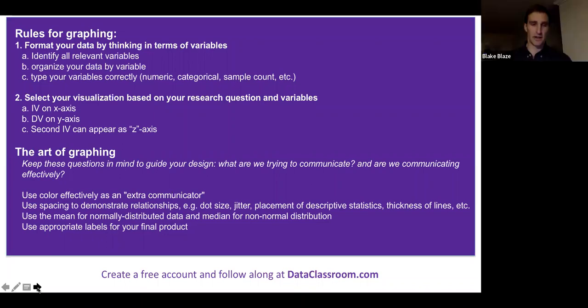Aaron, one last thing to add, just while we're on the slide, is that we intentionally have the rules organized a little bit more strictly, because compared to the art of graphing, the rules are pretty straightforward. There are things you almost want to knock out in a checklist type order as you're creating a graph, whereas the art of graphing may not be a totally linear process.